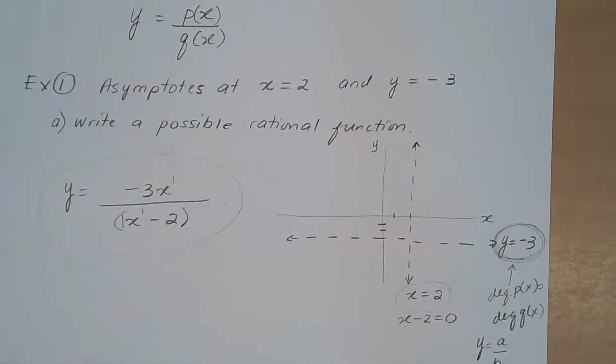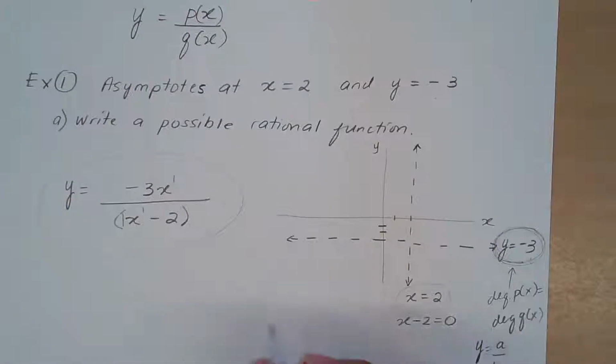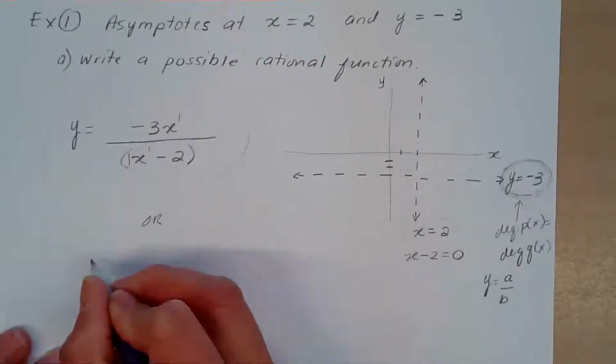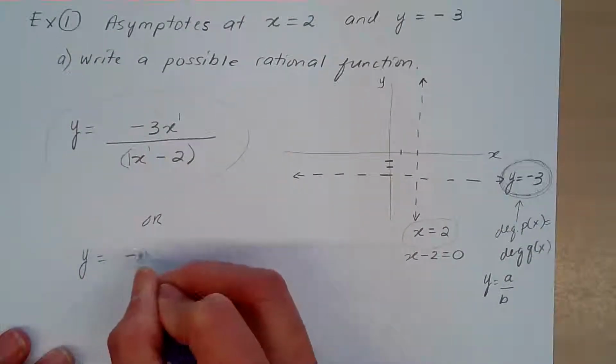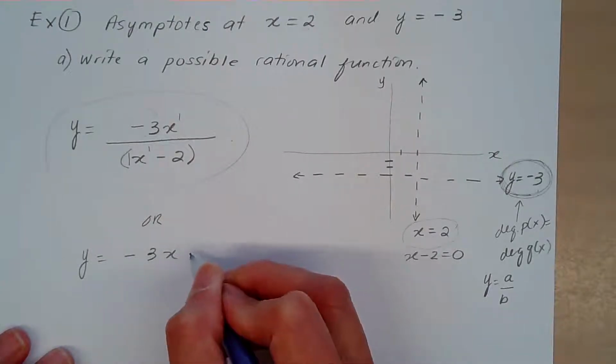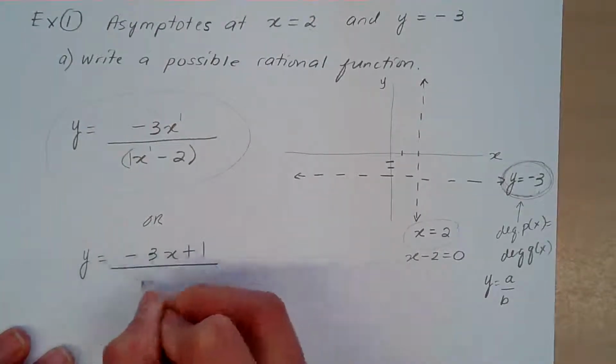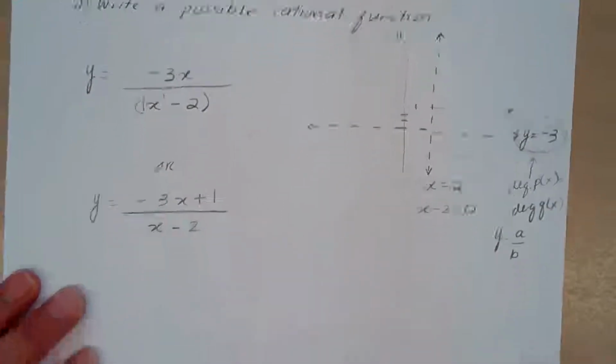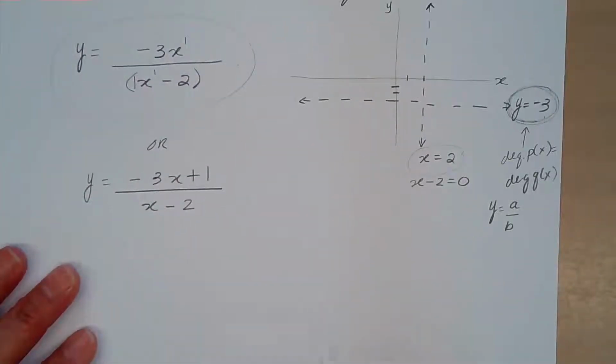Here's another possibility: negative 3x, give me a number, plus 1, over x minus 2. Does that still fit our situation?